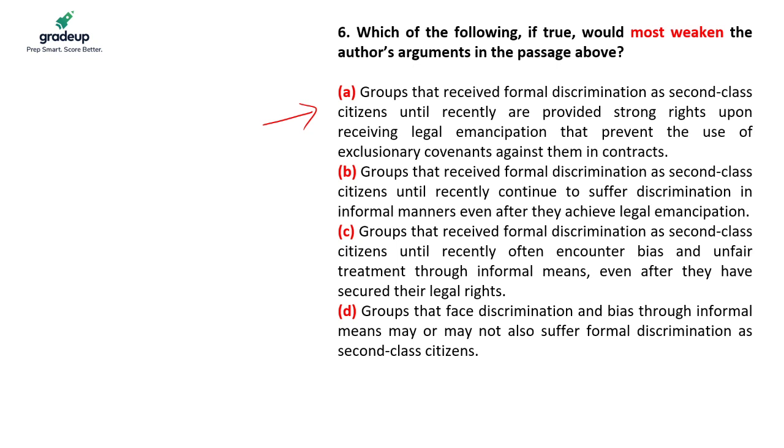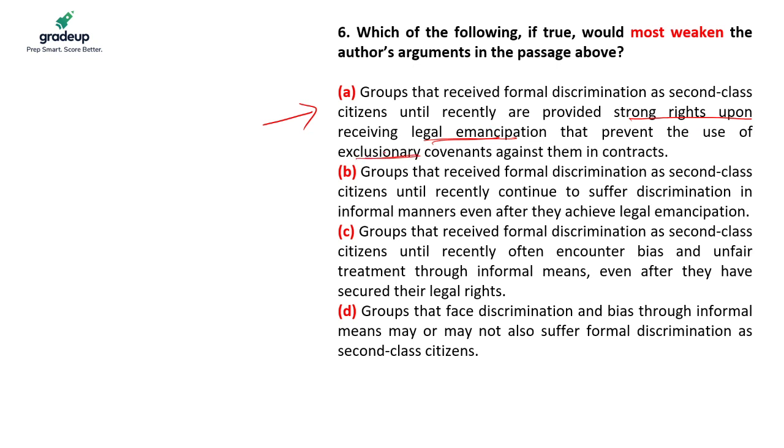Read the A. If this is true, then what will happen? Suppose this has been ensured by the Constitution itself. The Constitution has given the second-class citizens strong rights upon receiving legal emancipation. They have been given legal freedom that prevents the use of exclusionary covenants.